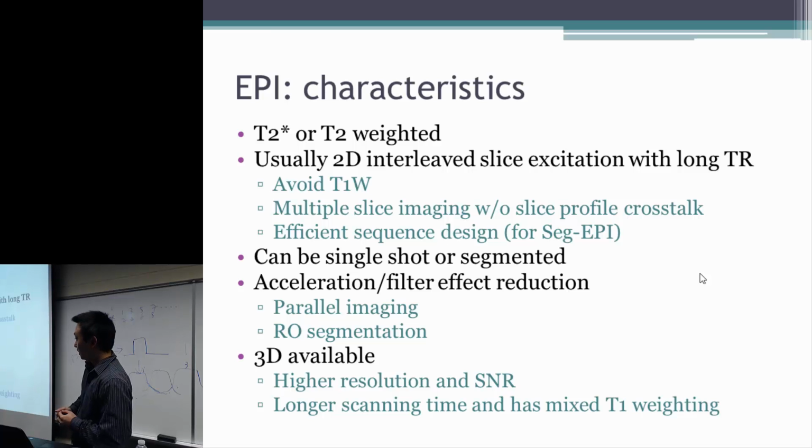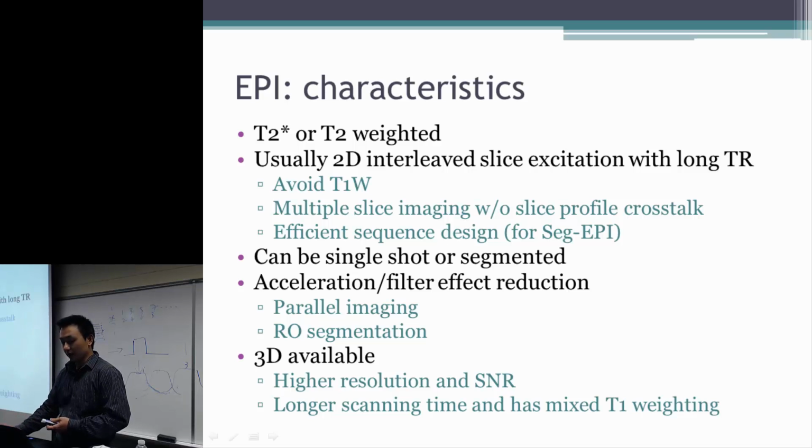In 3D, we also do multiple acquisitions, and we just do partition encoding for each excitation, so that it gives you a 3D acquisition. For 3D, sometimes you can get a higher resolution and higher SNR, because 3D always has a higher SNR than 2D imaging.